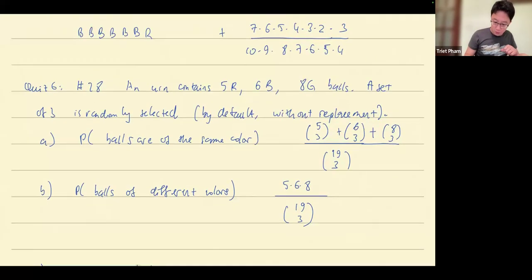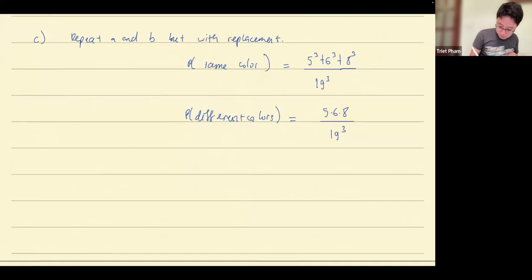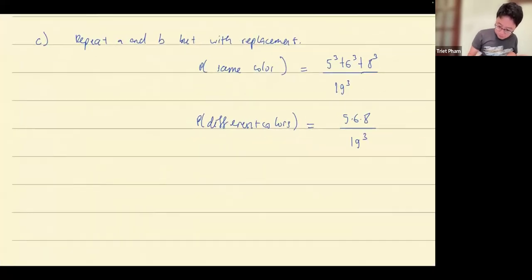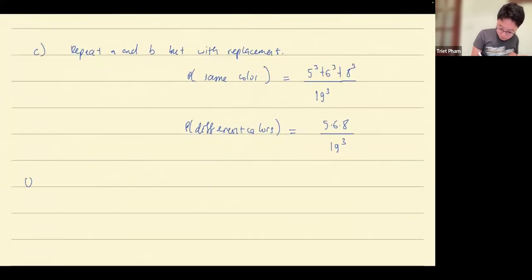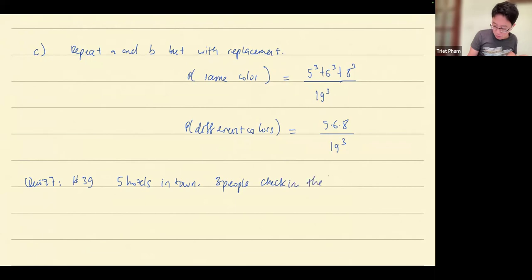All right, so let's do one more. Quiz 7, question number 39. They say there are 5 hotels in the town. If 3 people check in to hotels, what's the probability that they check in to different hotels?